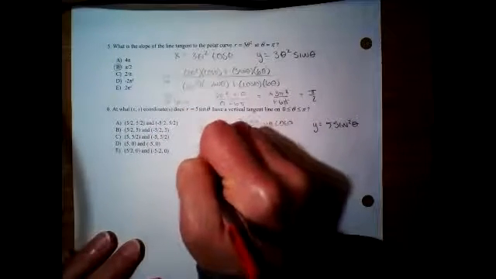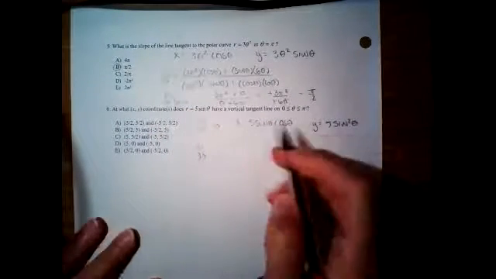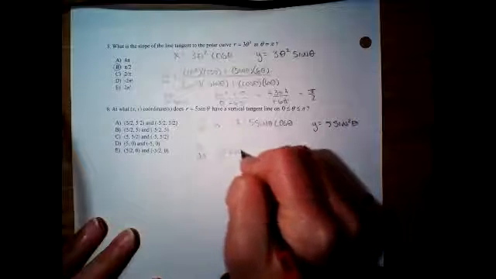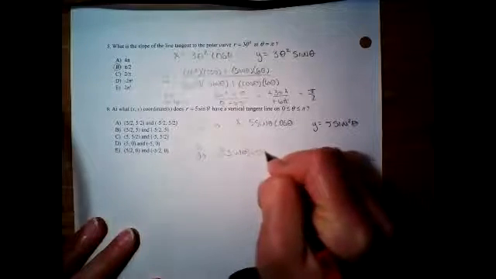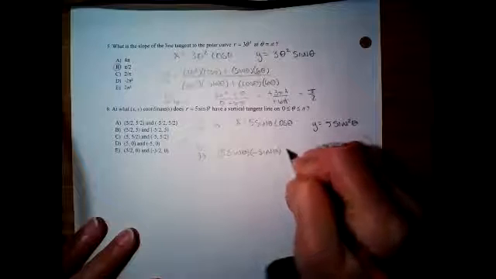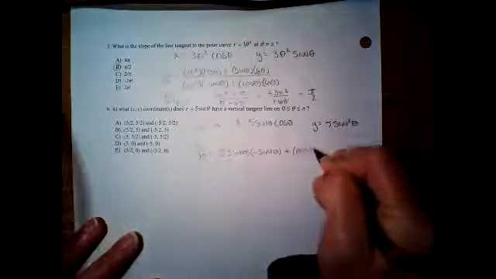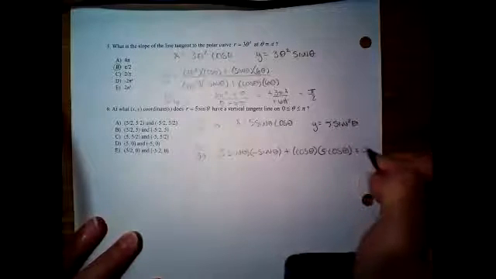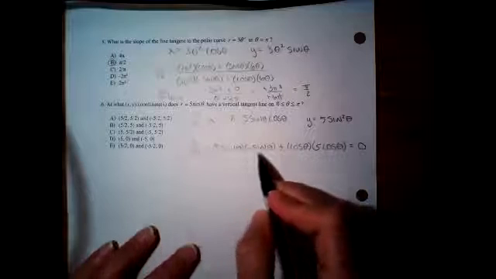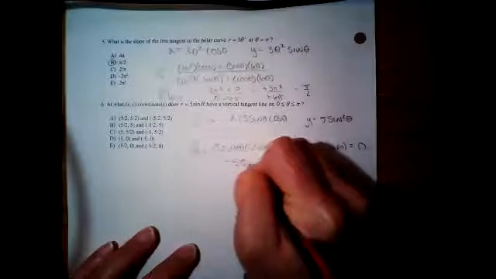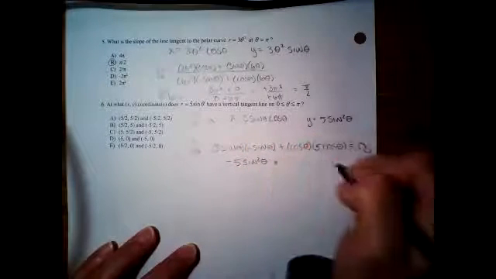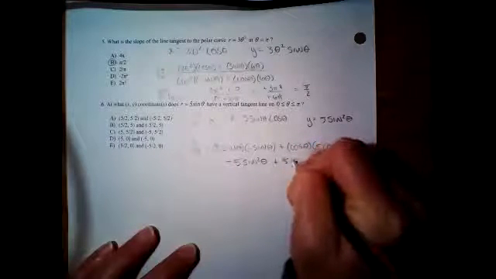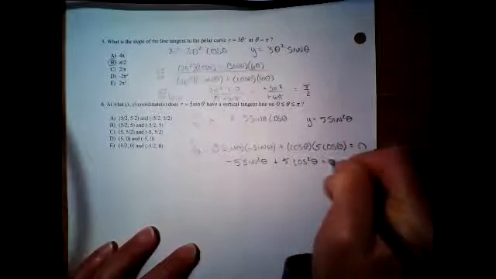So dx d theta, we're going to get this derivative. So first times derivative of the second plus the second times derivative of the first. And we're going to set that equal to 0. So this would be -5 sine squared plus 5 cosine squared equals 0.